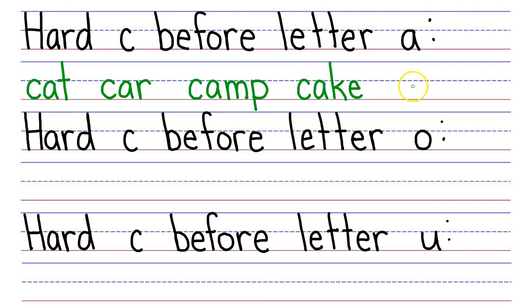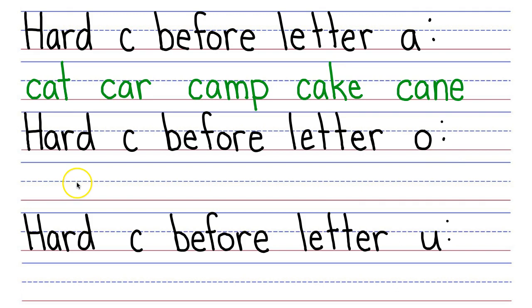Next word, cane. Here's another one with silent final E. We've got the C that says its hard C sound k because it comes before an A. The A makes the long A sound because it's in a word with silent final E. That's telling us the A makes the long sound. K, a, n. Cane.